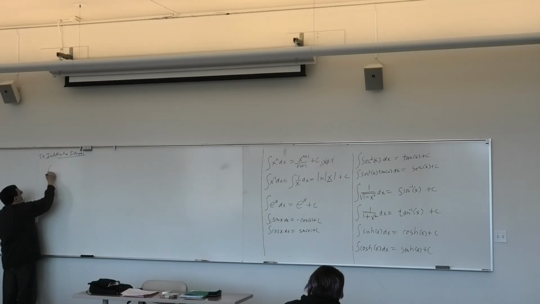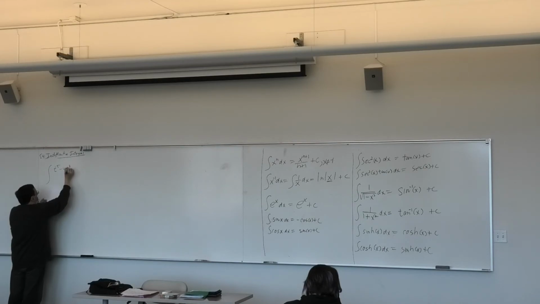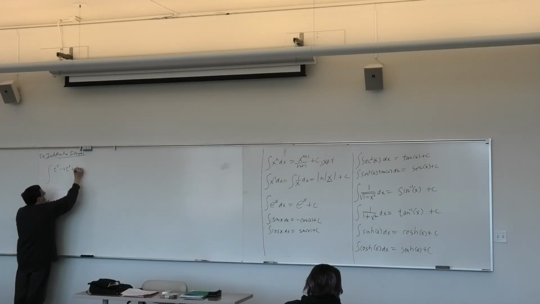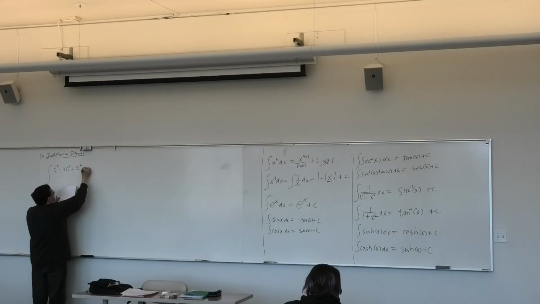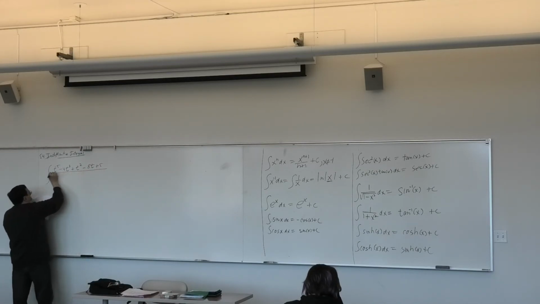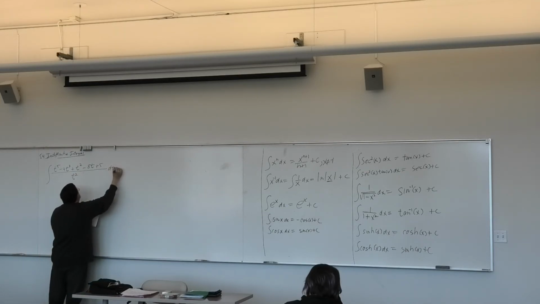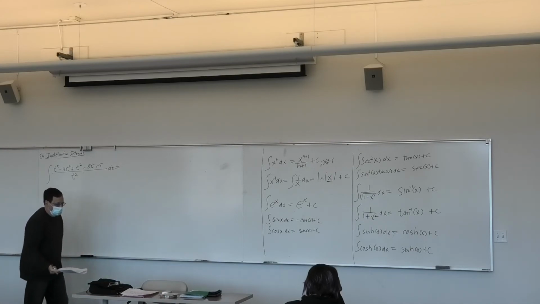Let's say I wanted to find the integral of t to the 5th minus 4t cubed plus t squared minus 8t squared dt. I'm going to find that indefinite integral.